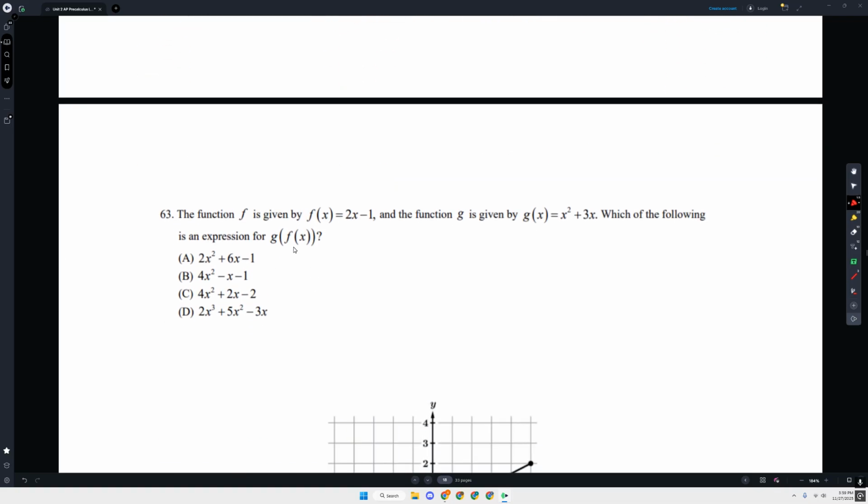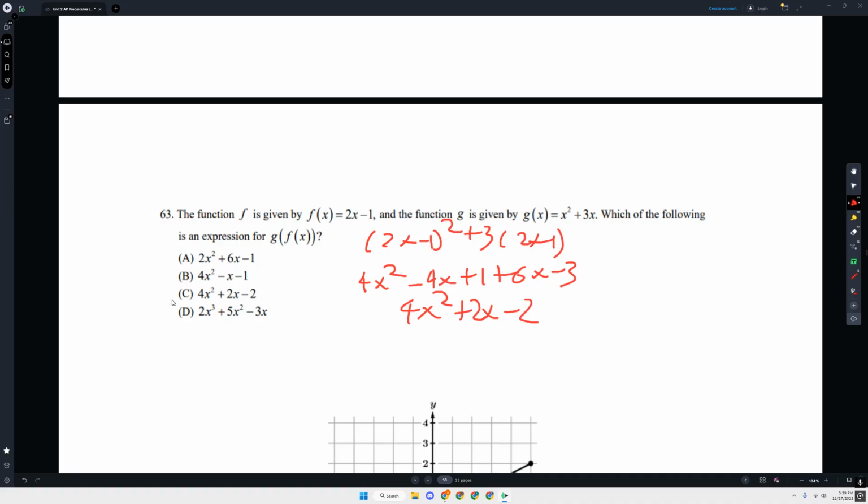So now we're plugging f of x into g of x. So we're going to say (2x minus 1) squared plus 3 times (2x minus 1). This would be 4x squared minus 4x plus 1 plus 6x minus 3. And then if you simplify, it would be 4x squared plus 2x minus 2.